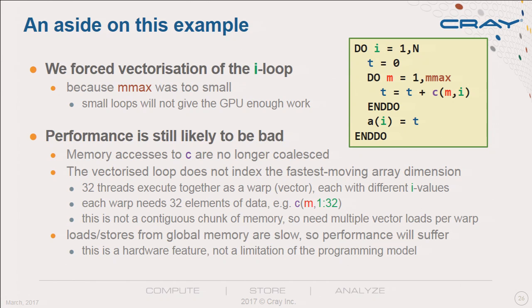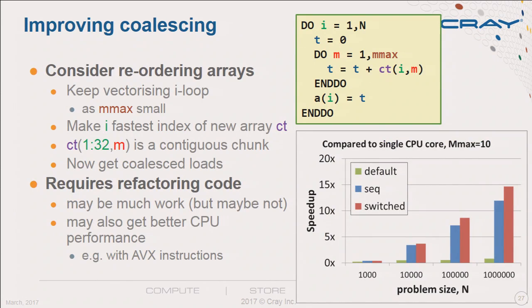To get around that, you have to work manually, for example changing the index order, so doing a kind of matrix transpose here, and then going over the first index with your parallelization.